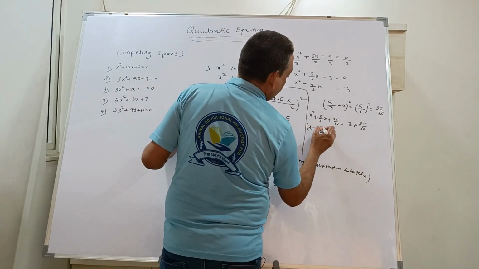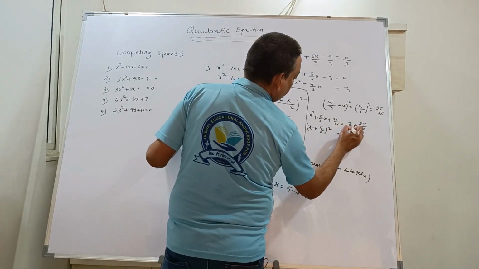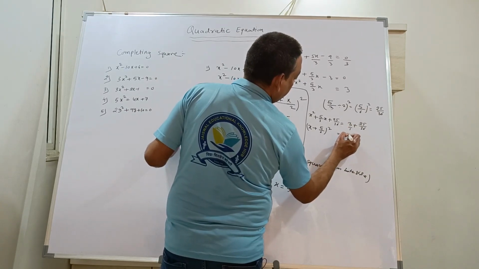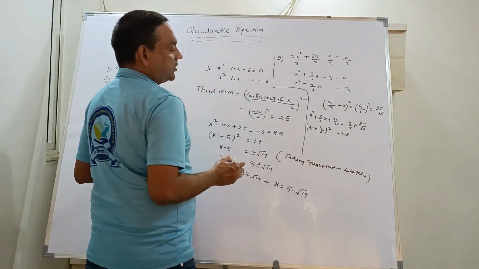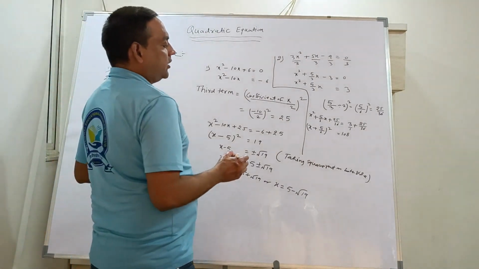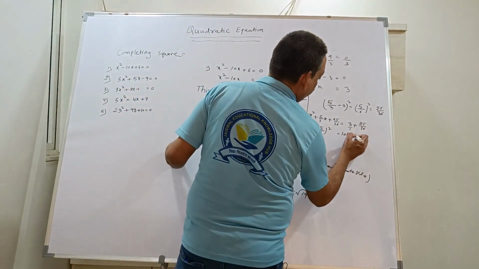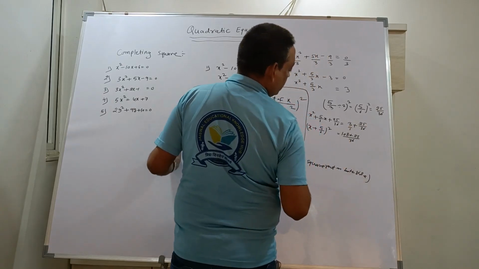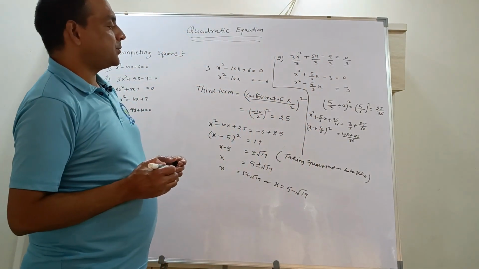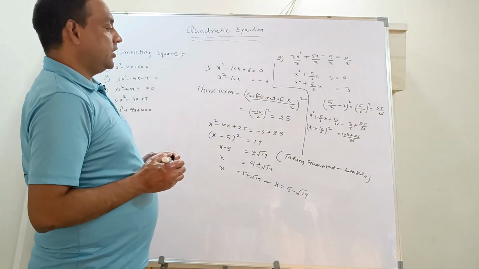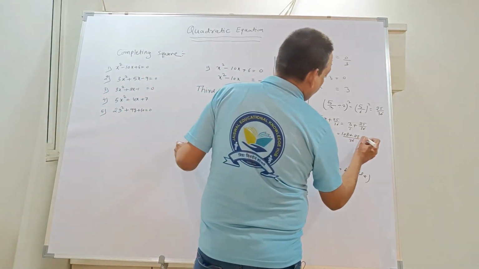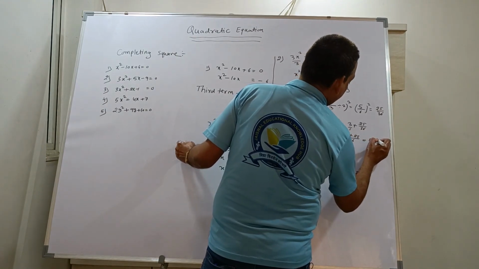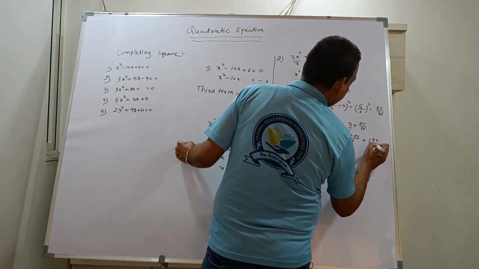The whole square is equal to, we take the LCM here, 36 into 3 is 108, plus 25, the whole thing upon 36. So x plus 5 upon 6 the whole square is equal to 108 plus 25, which is 133, upon 36.